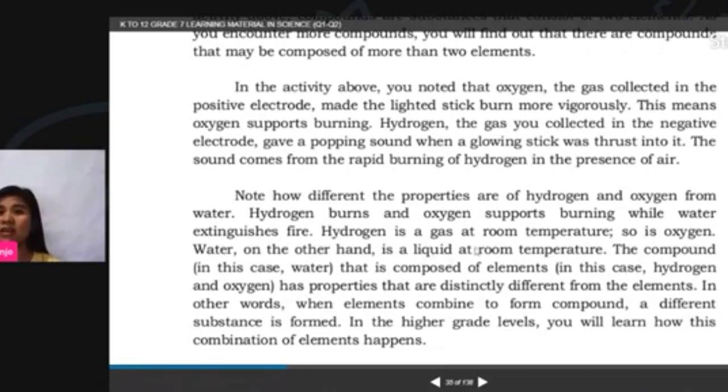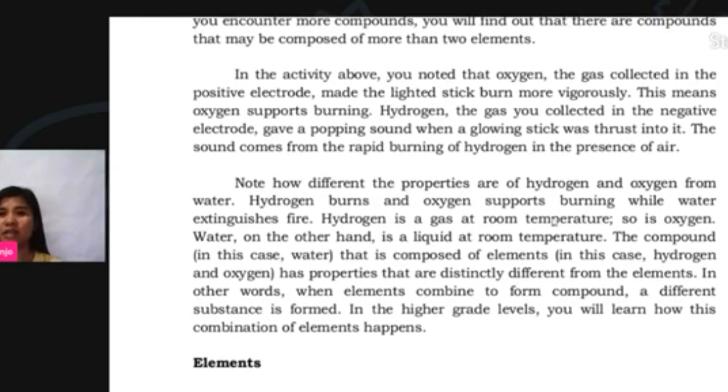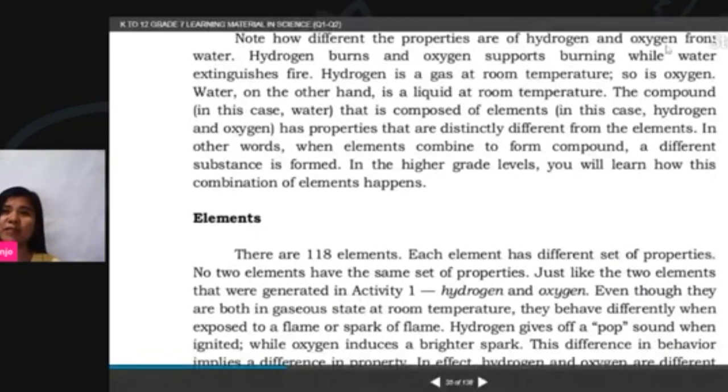Whereas in here, hydrogen supports burning, and so does oxygen, but when they are combined, what happened? It will be a different substance. It will help eliminate fire.